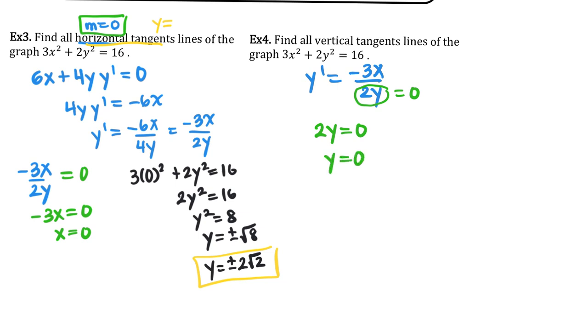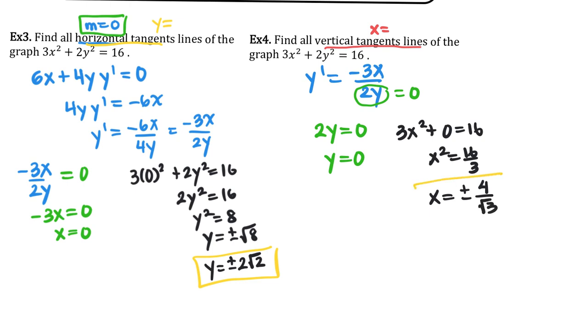What am I trying to find? I'm trying to find vertical tangent lines. I know they occur at y equals 0, but if it's a vertical line, then it must be x equals, because that's what vertical lines look like. So I do have to plug this in. Okay, so 3x squared plus 0 equals 16. x squared equals 16 over 3. x equals plus or minus 4 over root 3.